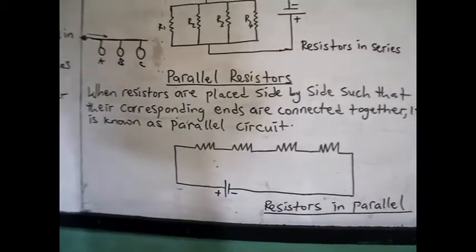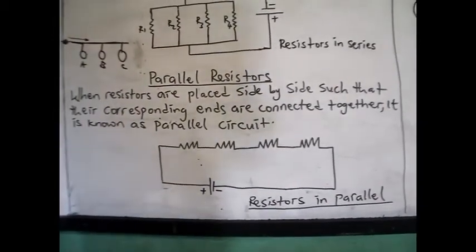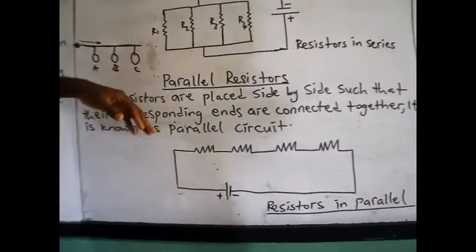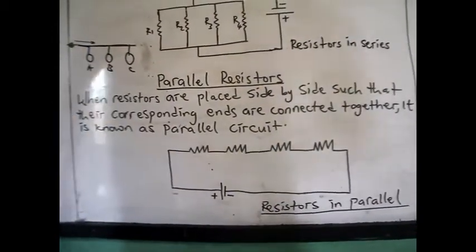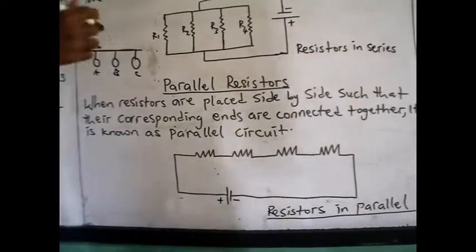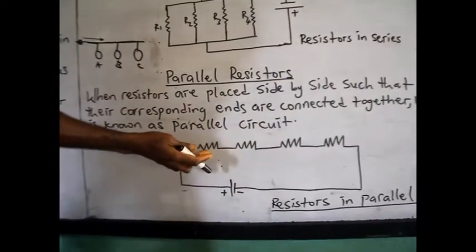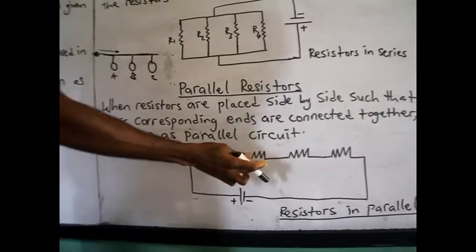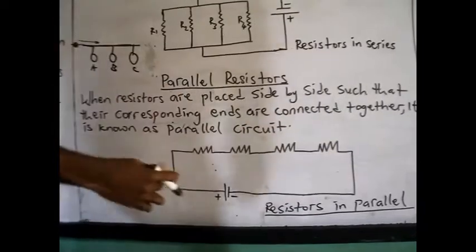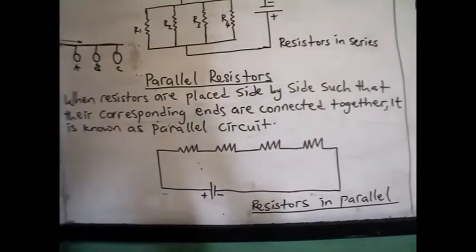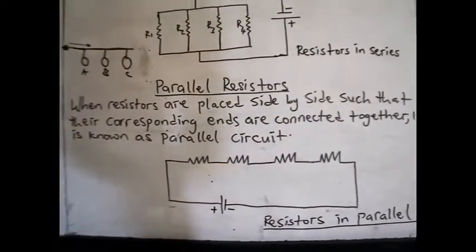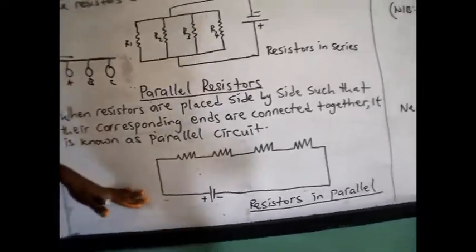When they are placed side by side in such a way that their connecting ends are close to each other, it is called parallel. Just as we have here, we have series 1, series 2, series 3, series 4. They are placed side by side, and such a connection is known as parallel.